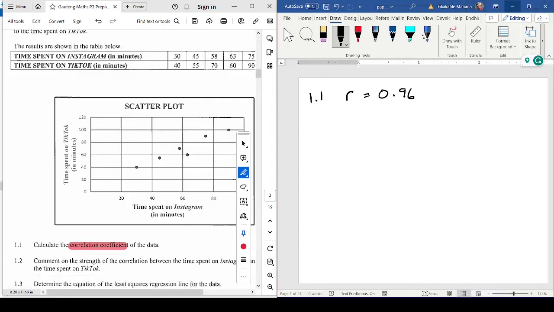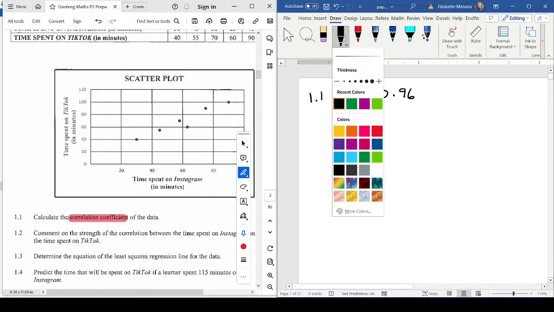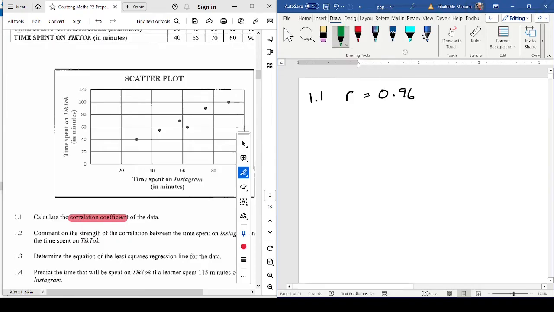Now it says comment on the strength of the correlation between the time spent on Instagram and the time spent on TikTok. Well, we can clearly see that the relationship is actually very strong. 0.96 is close to 1. So we can say very, very strong. Very strong correlation.